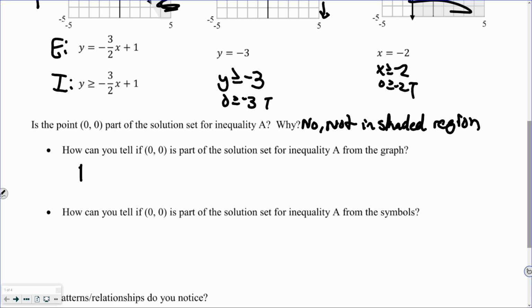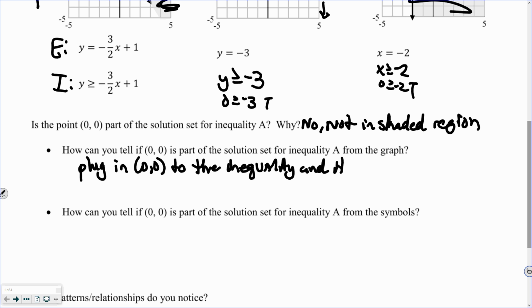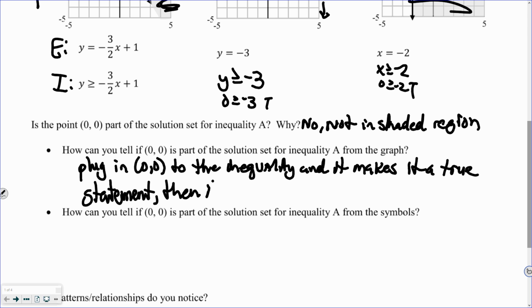Well, remember, if you plug in 0, 0, a 0 for y and a 0 for x, into the inequality, and it makes it a true statement, then it's a solution. And that's the side where you would shade. Okay?